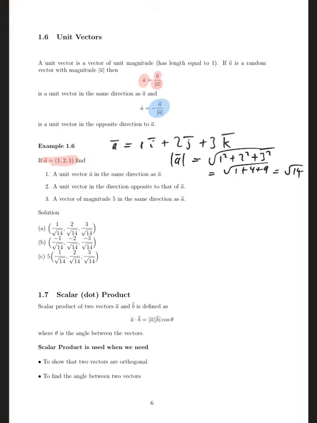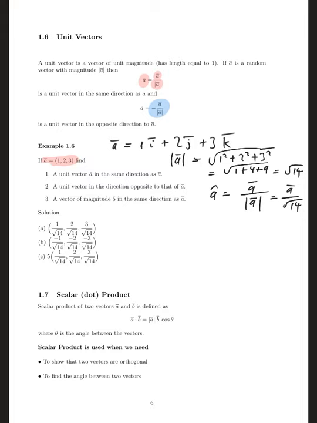And I'll just leave it as the square root of 14 for now, instead of trying to write it as a decimal. Then, to get the unit vector A hat in the same direction as A, that's equal to A divided by the magnitude of A, which is just A divided by the square root of 14.